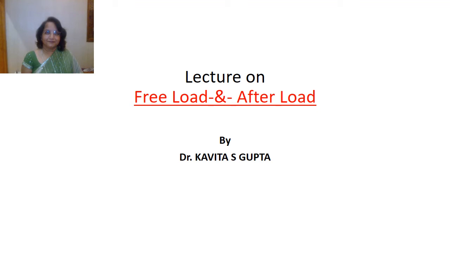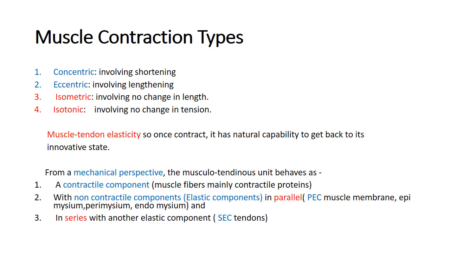Now, this lecture is on the preload and the afterload, and the effect of load on muscular contraction. In short, muscle contractions are of four types, but the main ones are isometric and isotonic.